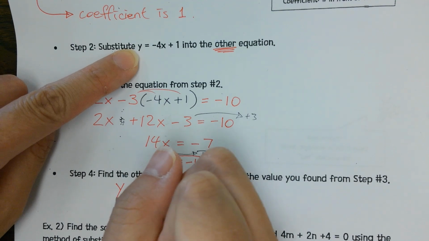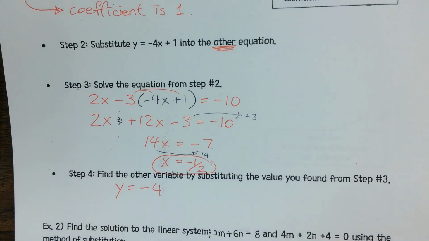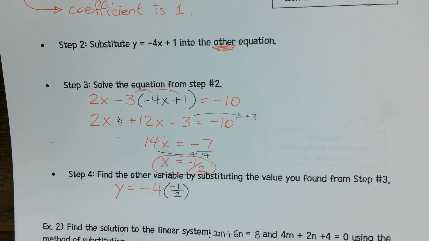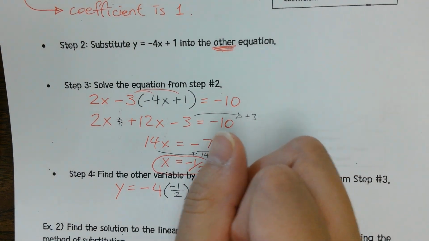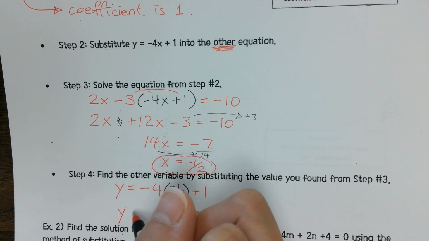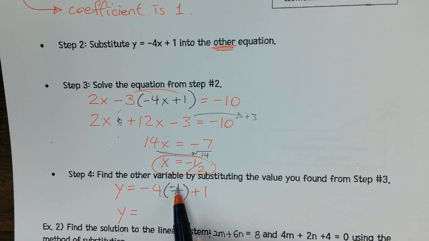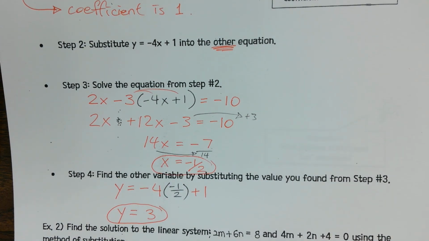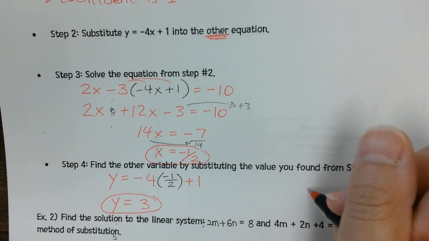It's already in y equals. Y equals negative 4x plus 1. I'm going to replace x with negative 1 over 2. So y equals negative 4 times negative 1 over 2. 4 divided by 2 is 2. 2 plus 1, you get 3. And so what is my final answer?